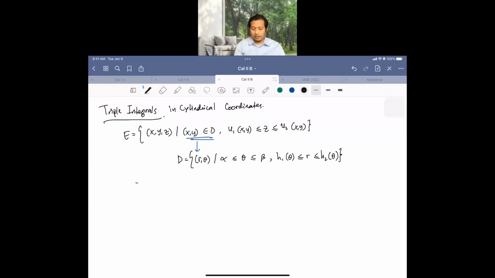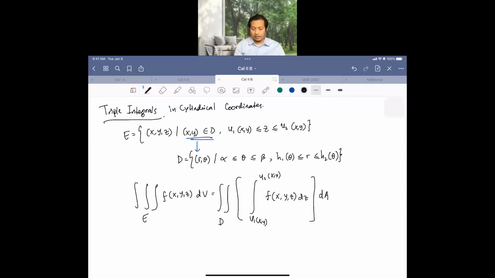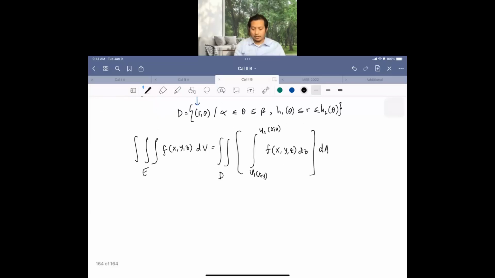From the equation we had before, we could start by describing the integration as a triple integral. And then later we need to convert this dA to polar. Now convert D to polar.